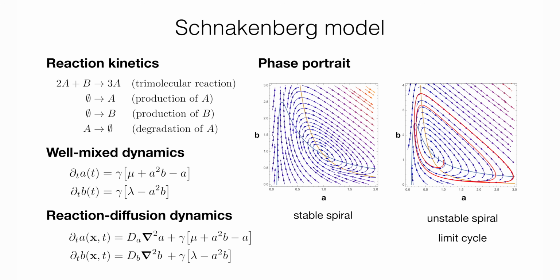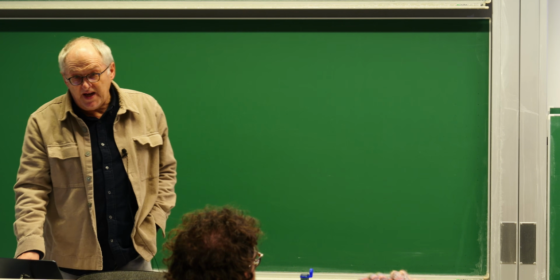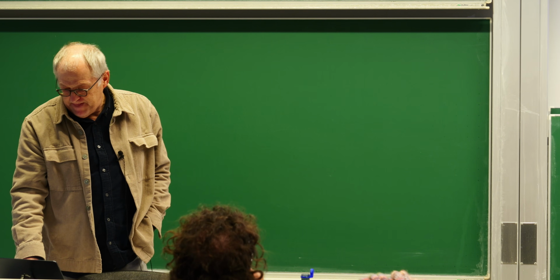So that's the well-mixed dynamics. It's an ODE system, a two-dimensional, two-component ODE system that you can analyze by standard methods. And reaction diffusion dynamics is simply this scheme plus the two diffusion terms for species A and species B, right?